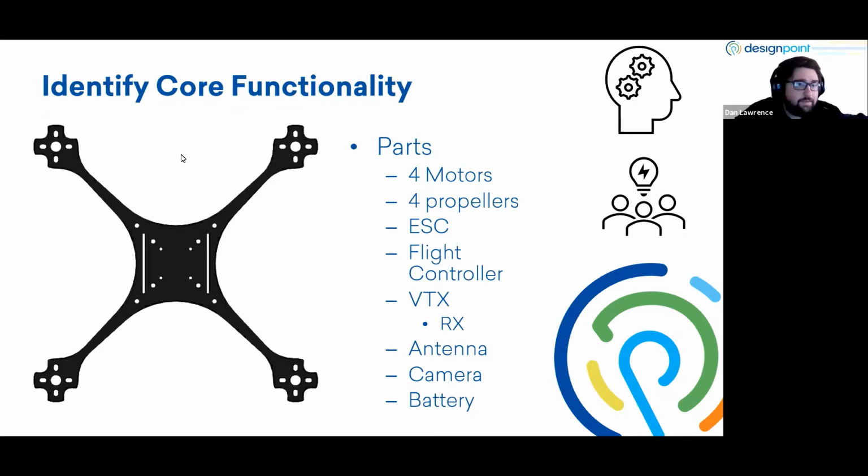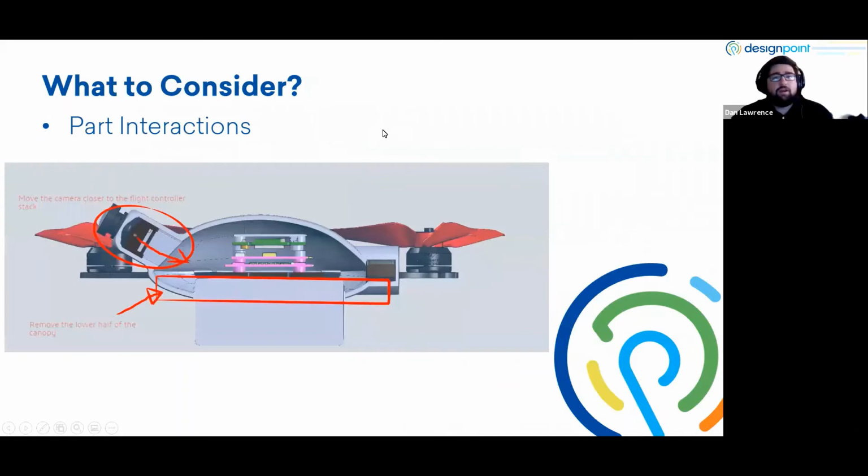All right, so now that we've identified all the parts that we need, we're going to start looking into designing, things that we want to consider, what these parts are going to interact with. This first image is one of the first things we thought about: this quadcopter is going to be flying around and it's probably going to crash. When it crashes, what's going to hit the ground first?